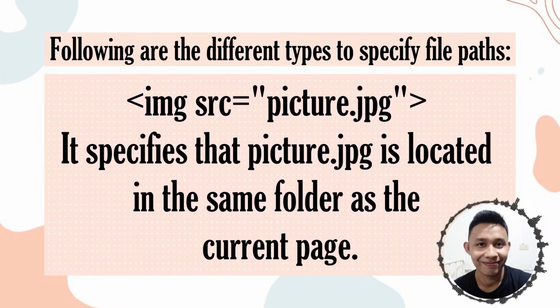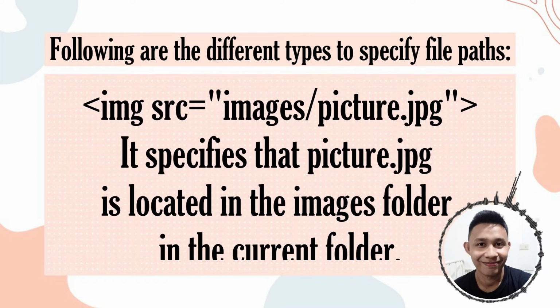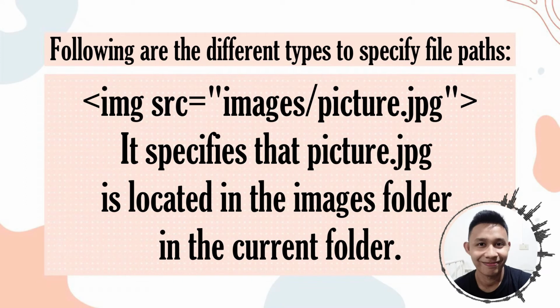First is image source equals to picture.jpg. It specifies that picture.jpg is located in the same folder as the current page. Second one, image source equals to images slash picture.jpg. It specifies that picture.jpg is located in the images folder in the current folder.